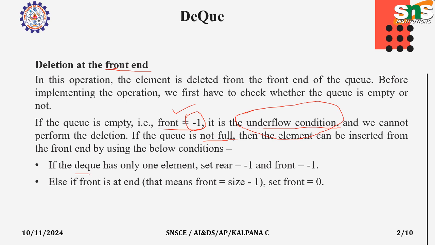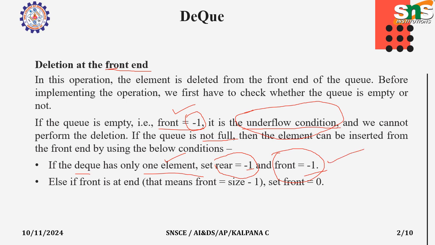If your queue has only one element, then if I am going to delete that one element, what happens? My queue becomes empty. So in that situation, I have to set rear and front pointers to -1. If my queue contains only one element, I have to set rear and front to -1. That condition we have to set.